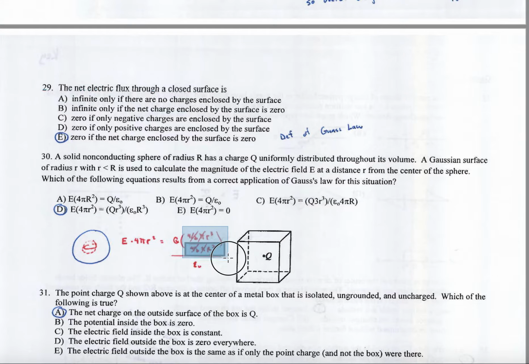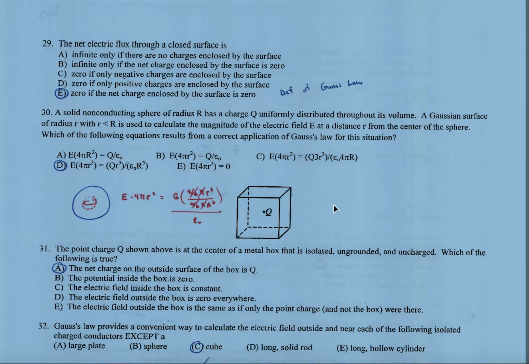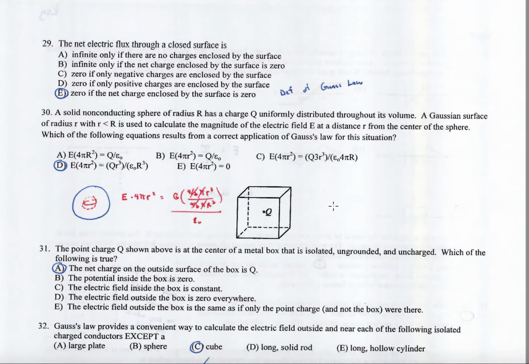So this fraction is the percentage of the total charge you've enclosed. If you take the percentage of volume you've enclosed and multiply by the total charge, that gives you the charge enclosed by your Gaussian surface, which is the red sphere. And Gauss's law says the integral of E dA is the charge enclosed over epsilon naught. When you reduce this, you get answer D. And that's the 3rd time they've already asked a question about that.